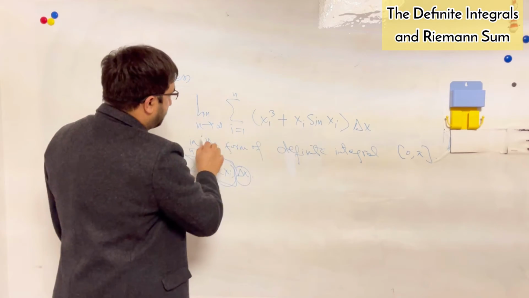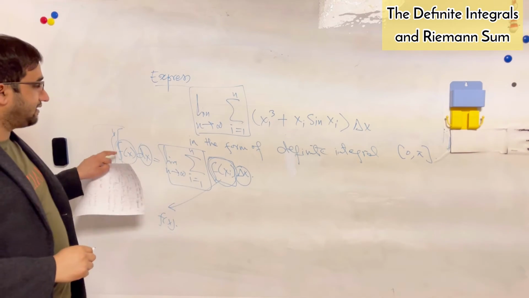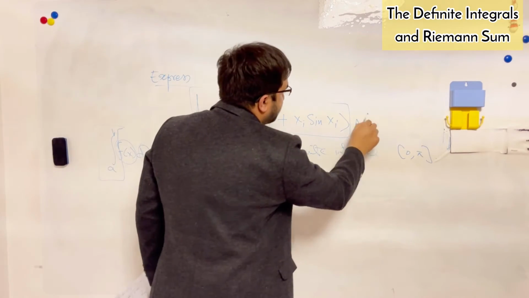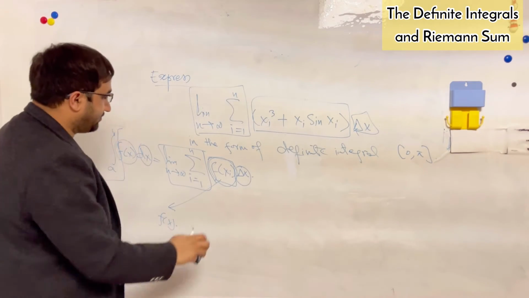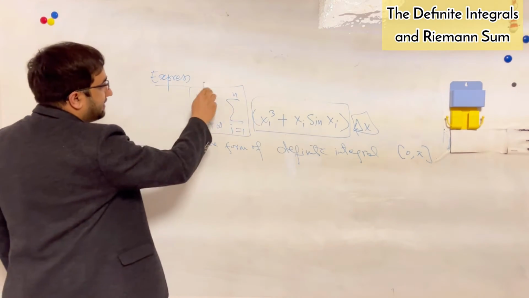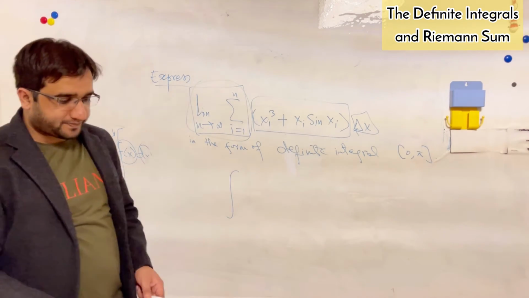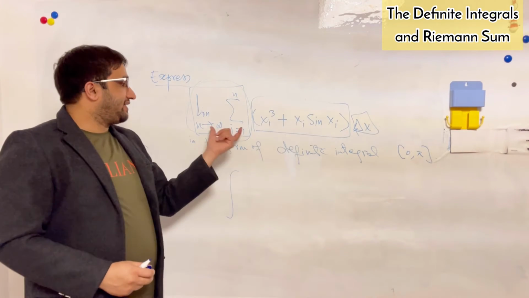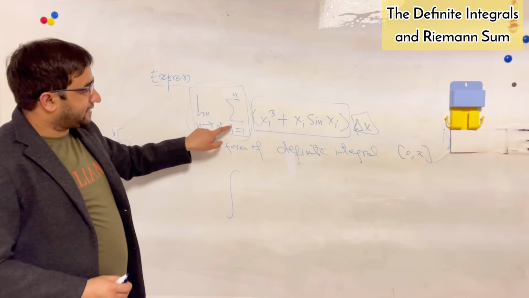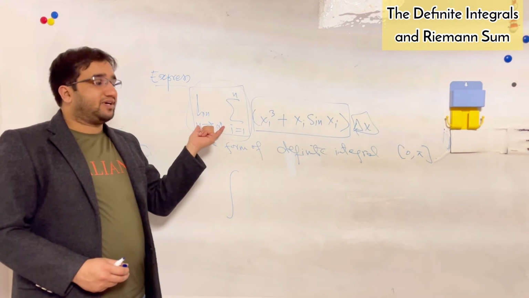So if you look at this whole thing, this will shift to the integral, this part is actually the f of x, and this is for the dx. Now, in the summation you are talking about the number of subintervals, from 1 to n, and saying the number of intervals is infinitely many.